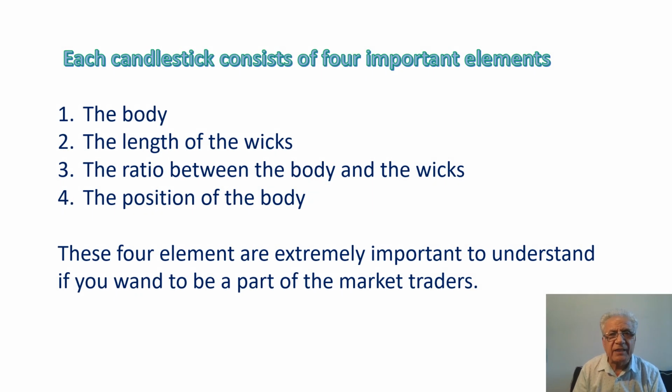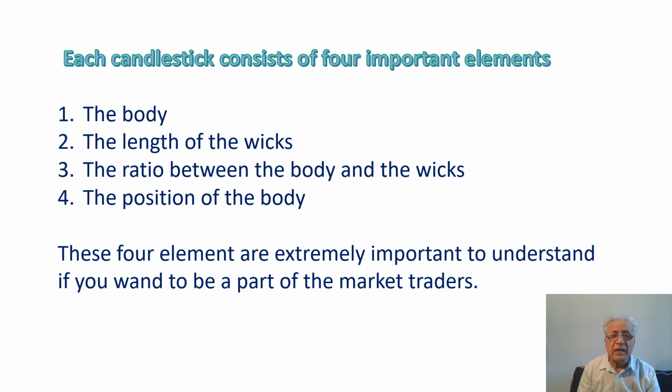Each candlestick consists of 4 important elements. Number one, the body. A large body shows strength and an increase in momentum, and also shows how far the price has gone over the duration of the candle. A shorter body shows a decrease in momentum.